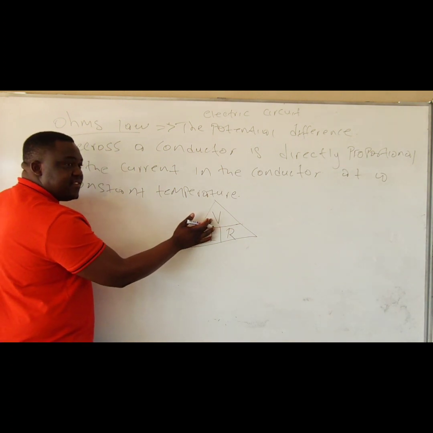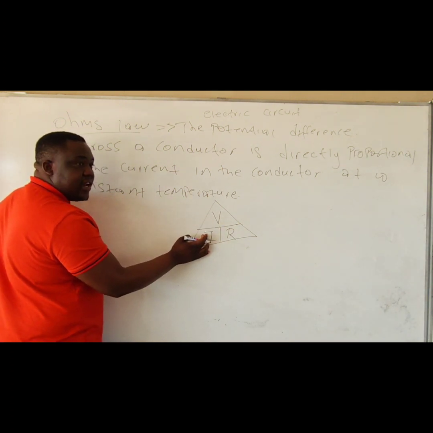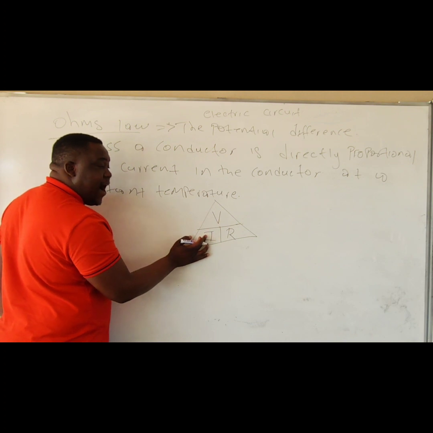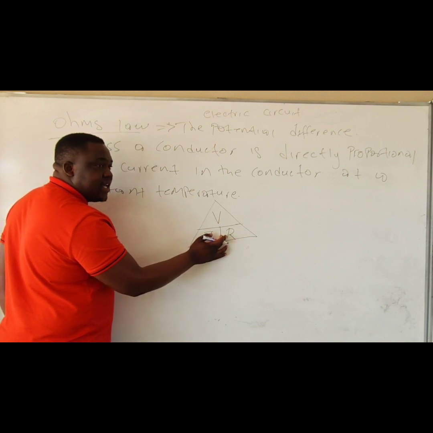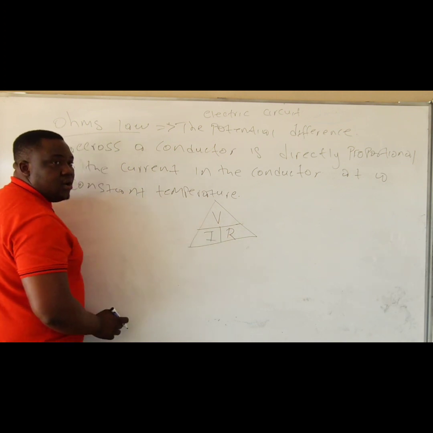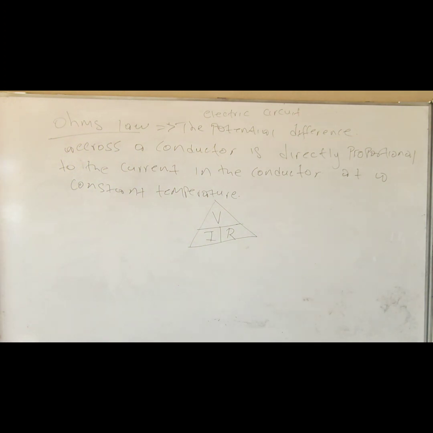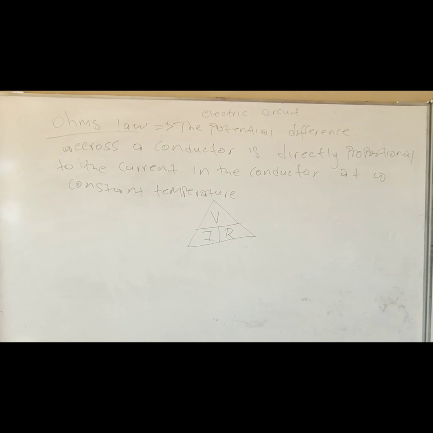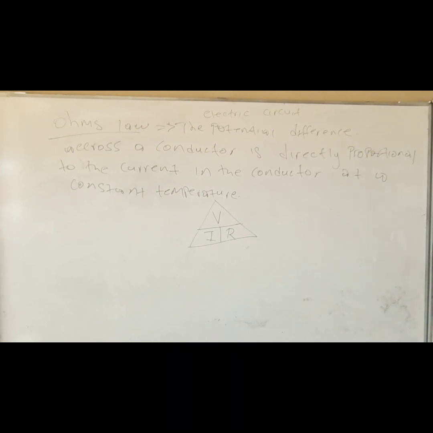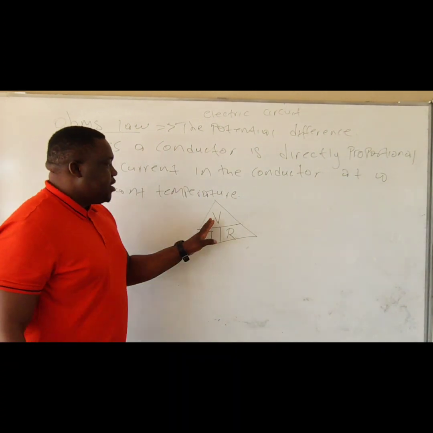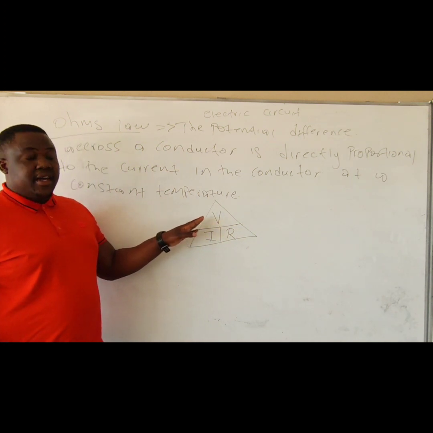The potential difference, which is voltage, current represented by symbol I, and R, which represents the resistance. So this triangle sums up Ohm's law.